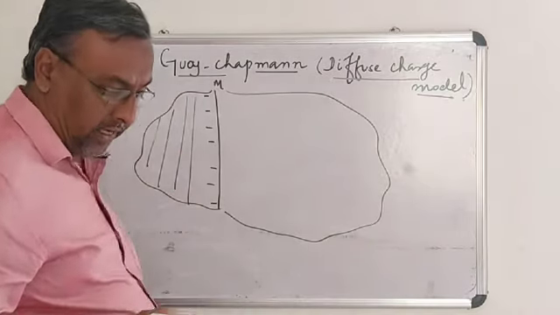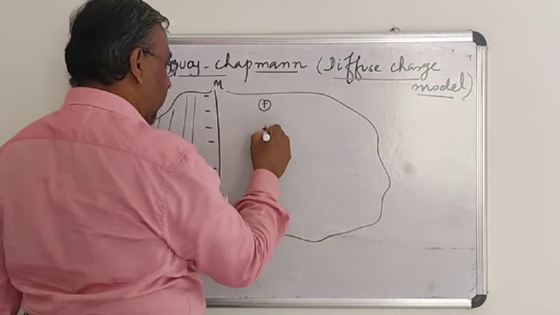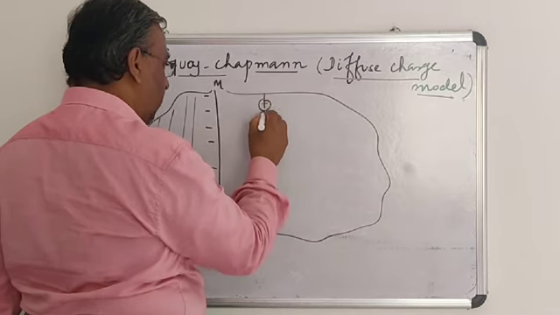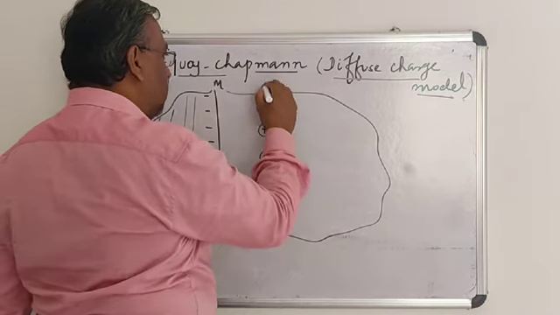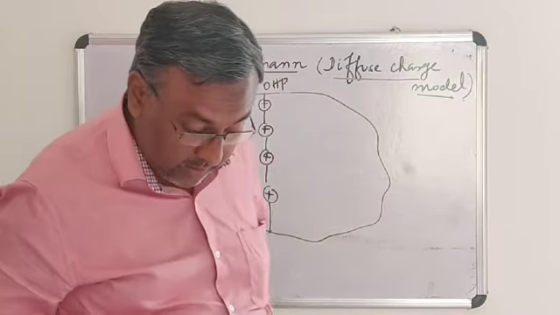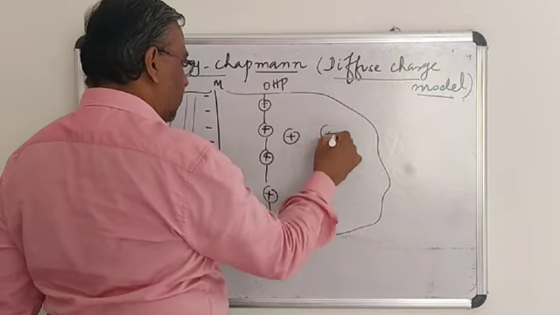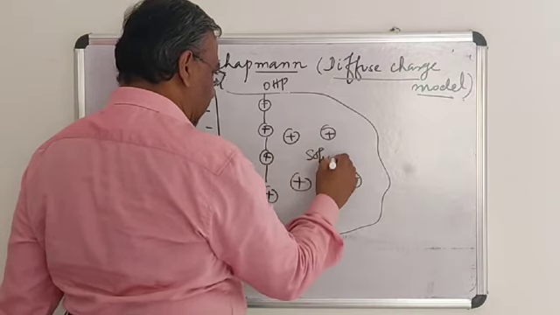This is positive ions that forms the outer Helmholtz plane. We already studied that, and there will be so many ions present. This is solution.